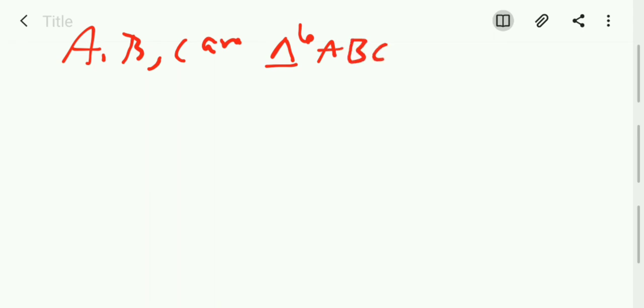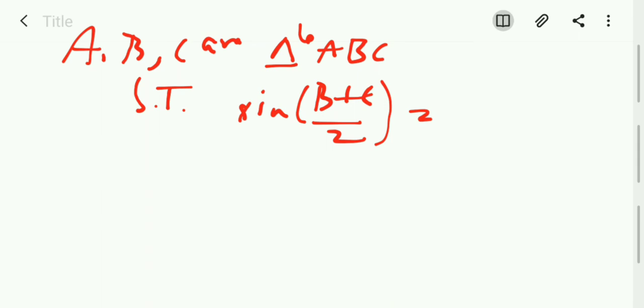And the last sum: if A, B, C are interior angles of triangle ABC, you need to show that sine of (B plus C) by 2 is equal to cos A by 2.